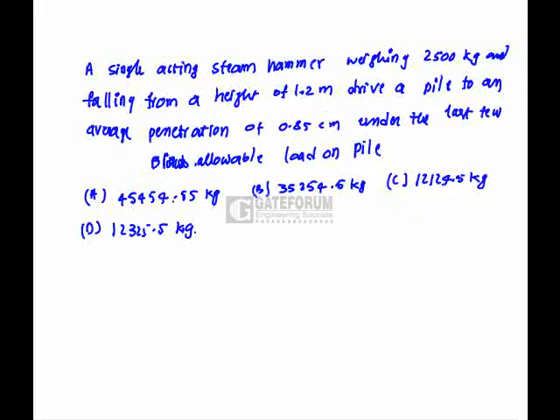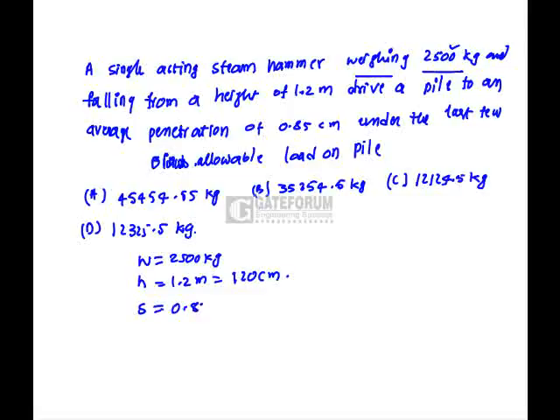A single acting steam hammer weighing 2500 kg is given. So W is given as 2500 kg, falling from a height of fall given as 1.2 meters, that is equal to 120 centimeters, driven in a pile to an average penetration depth given as 0.85 centimeters under the last few blows. Find allowable load on pile according to Engineering News formula.